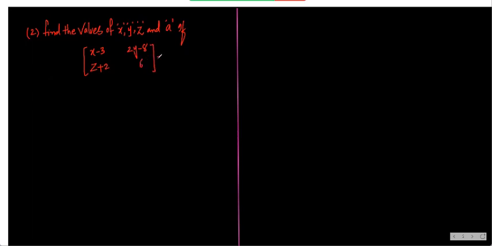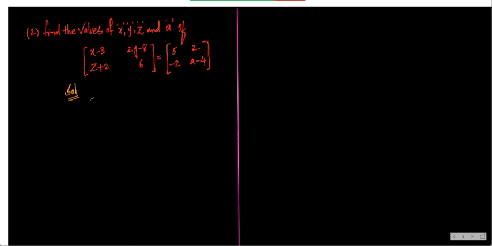It is equal to 5, 2, minus 2, a minus 4. If these two matrices are equal to each other, we have to find out the values of x, y, z and a. Correct?